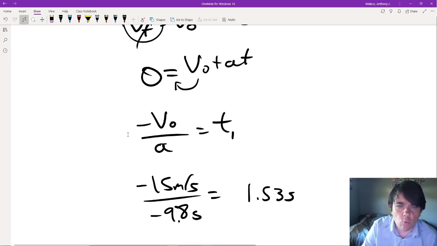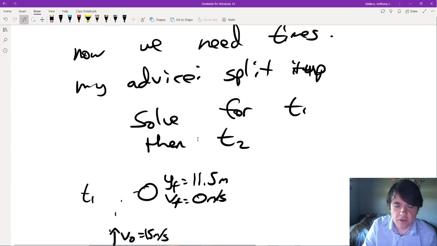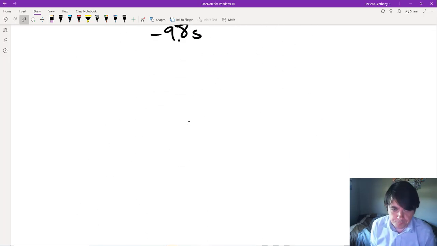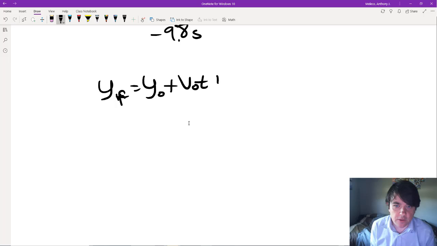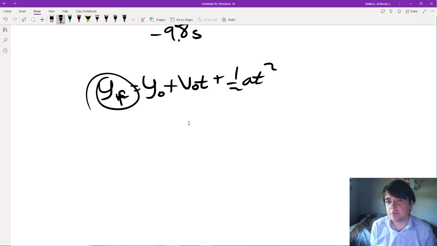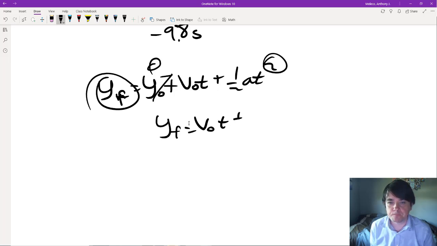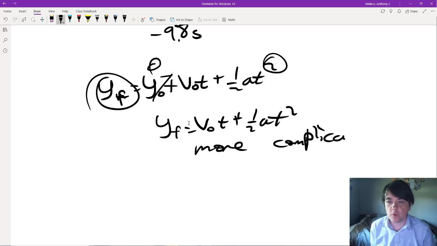You must be wondering, why didn't I use the fact that we've just figured out position? You can. You can use this equation now, the one that you just figured out, because we now know y final. The reason I don't is because we have this squared thing here. This would have been 0, this would have been something. So this equation is more complicated. So if I can avoid it, I won't use it.